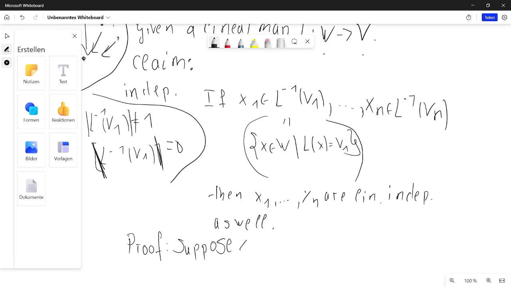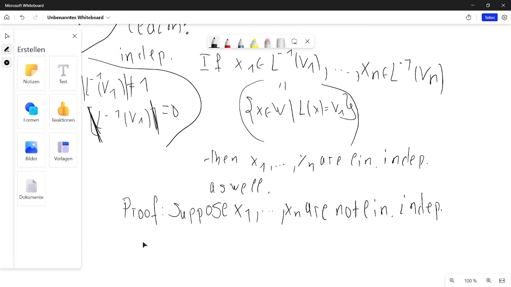So suppose x1 to xn are not linearly independent. So we prove the contraposition, right? And as you recall, then what is the negation of linear independence?